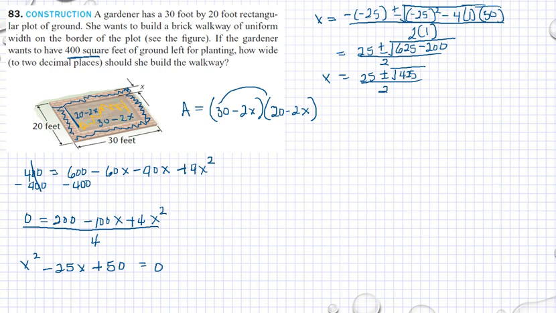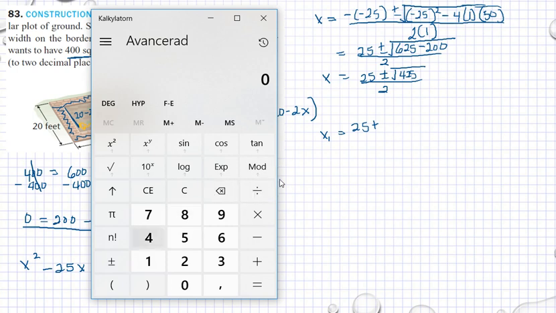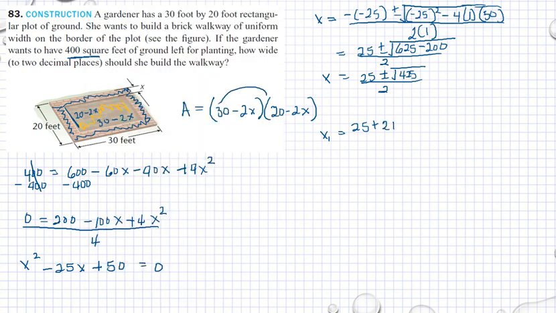So one possibility is 25 plus the square root of 425, which is 20.62, divided by 2. Another possibility is 25 minus 20.62 divided by 2.